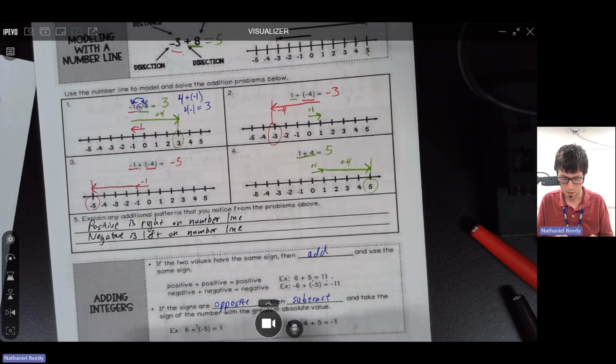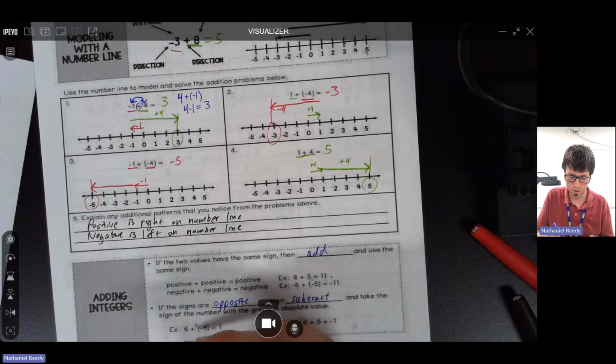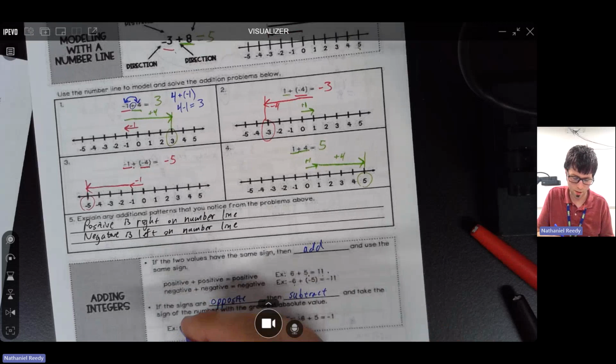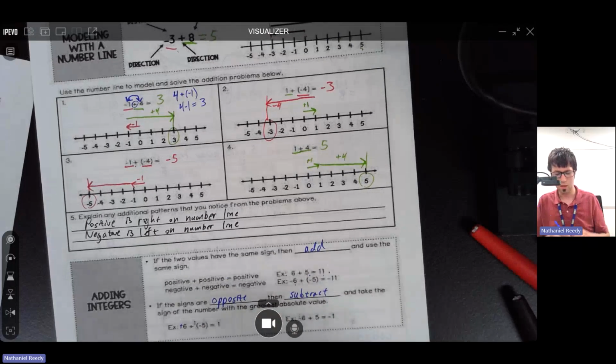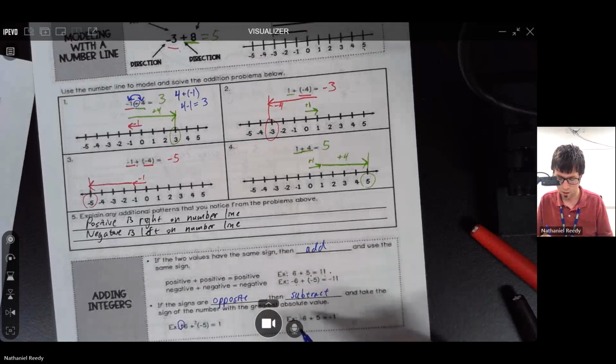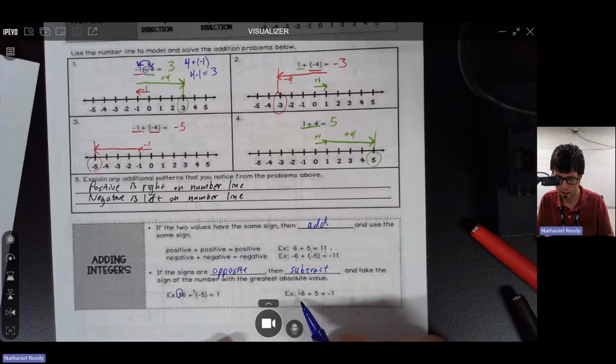So I subtract these two numbers. 6 minus 5 is 1. Because 6 is greater, I take the sign that 6 had. Remember, if I don't have a sign, I just assume it's positive. So 6 is greater, so I take the positive sign from there. Here, the opposite happens, and I get the opposite sign. -6 plus 5 is -1.